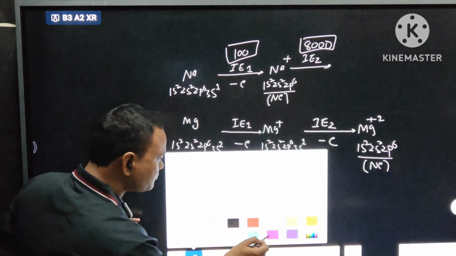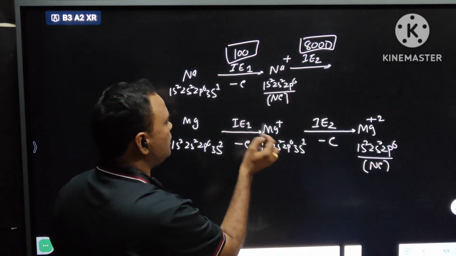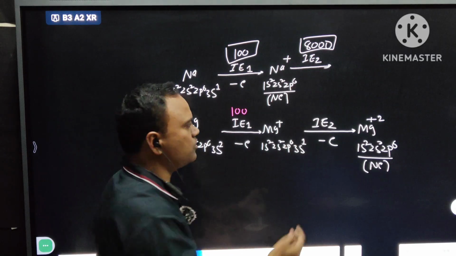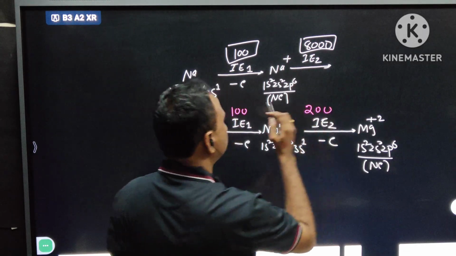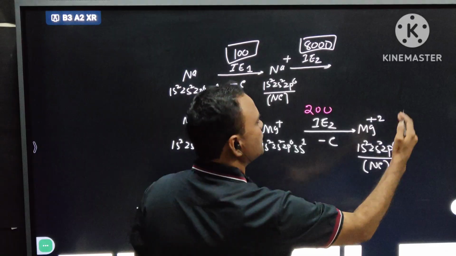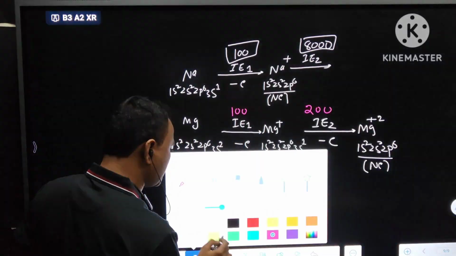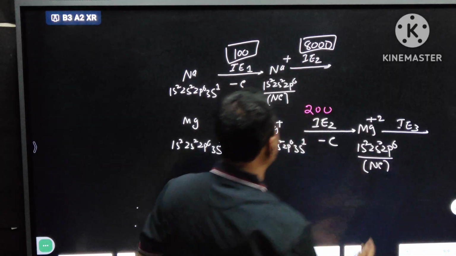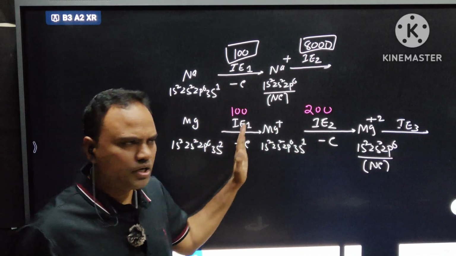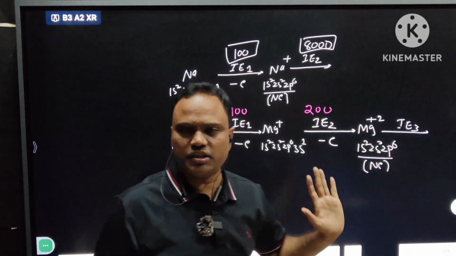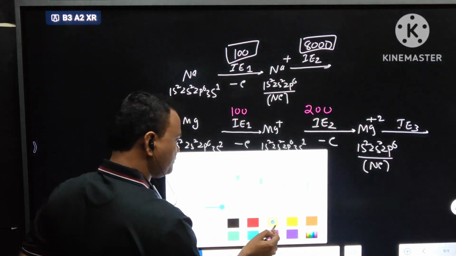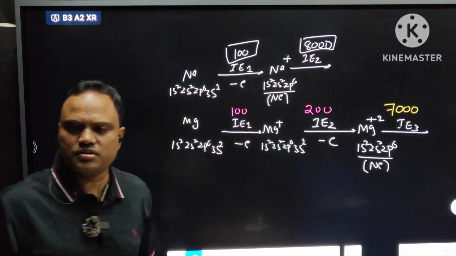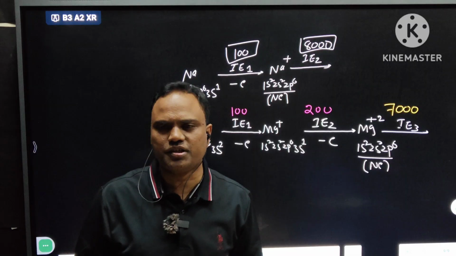See, generally, second ionization energy will be higher only, no doubt. 100, 200, 300 like that. So what is the expected ionization energy 3? General increase 100, 200, 300, 400 like that. But look at this. 7000. Why is there a sudden jump in the ionization energy?